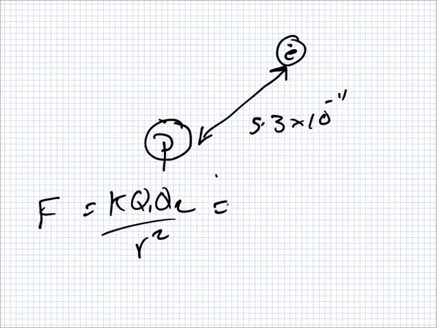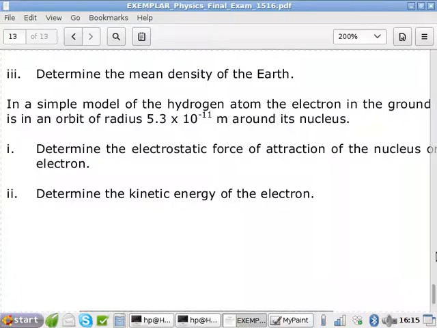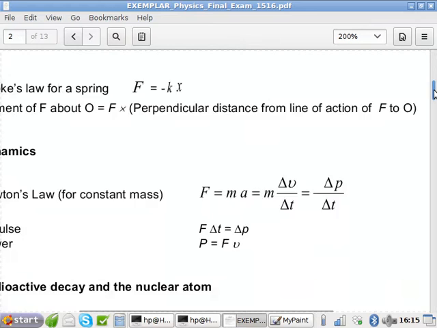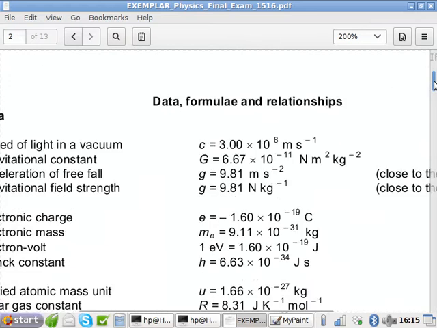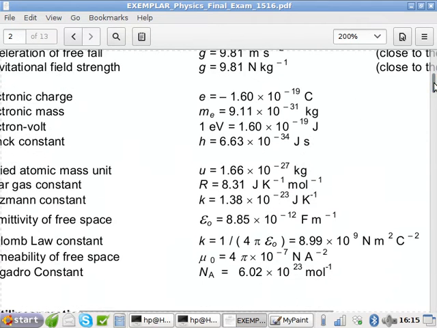It's, I don't remember, 8.99 times 10 to something, isn't it? Look, here's the k here at the start. There it is. 8.99 times 10 to the power of 9 times the charge of the electron times the charge of the proton, and the distance between them, KJ? 5.3 times 10 to the minus 11.